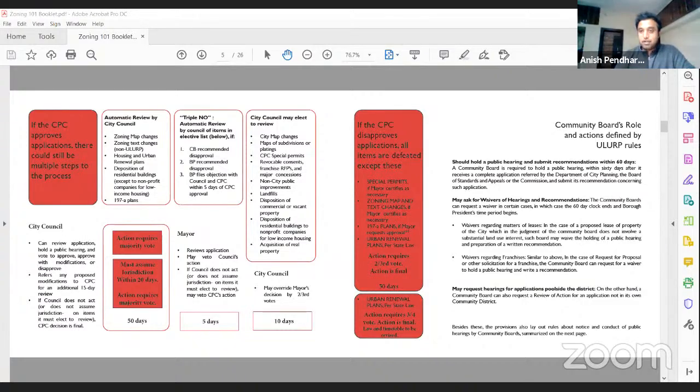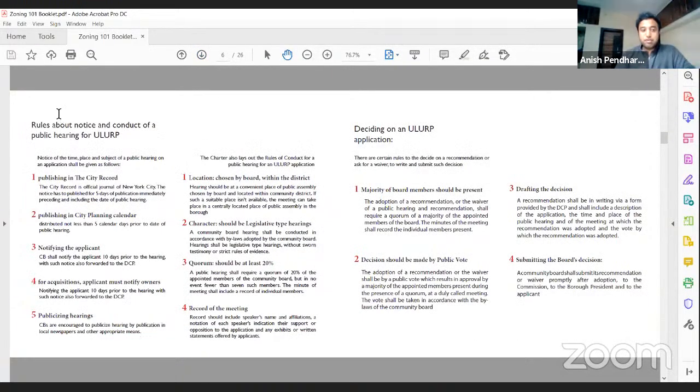And then a small introduction to the community board's role and actions as New York City defines in the ULURP process. The community board should hold a public hearing and submit recommendations, and may ask for waivers. And the rules about the notice and conduct of a public hearing: it has to be published in the City Record, it has to be published in the City Planning calendar, the applicant has to be notified, and the applicant must notify the owners and the neighbors.